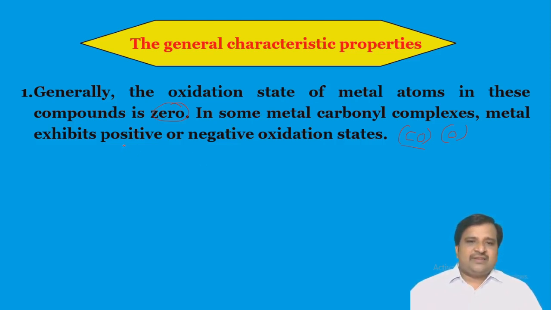For example, take sodium vanadium hexacarbonyl, Na[V(CO)6]. Here the sodium is in a positive oxidation state and the complex is negative. So the vanadium is in the -1 oxidation state because CO is a neutral ligand.